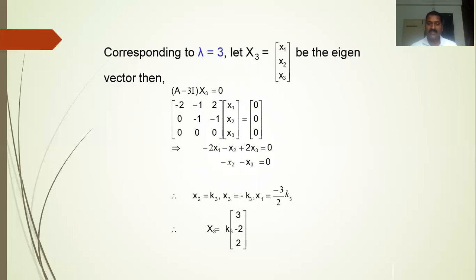No rule, you can take whatever you want. x2 equal to k3. Then x3 is minus x2, so it's minus k3, and the first one I can express in terms of k3. Finally, x3 will be k3 times (3, -2, 2). I'll take k3 as 1. So finally the eigenvector x3 is (3, -2, 2).